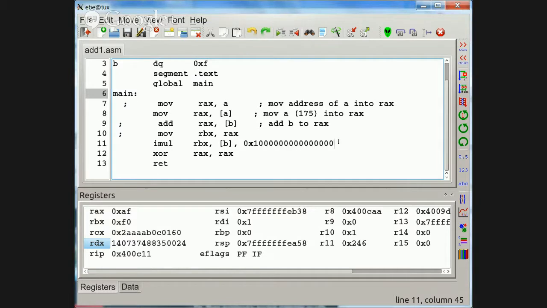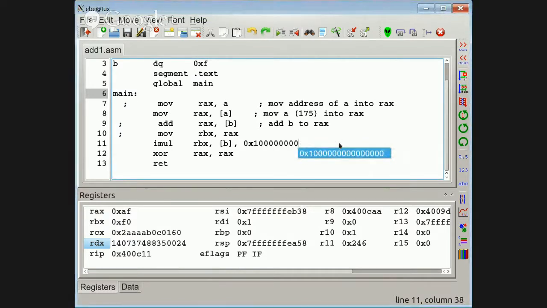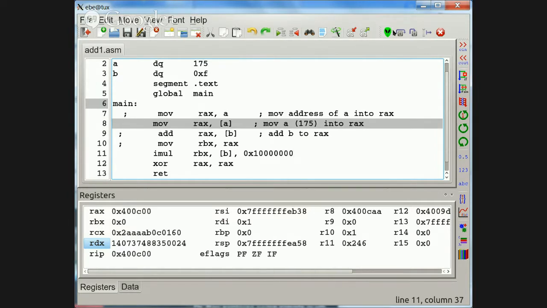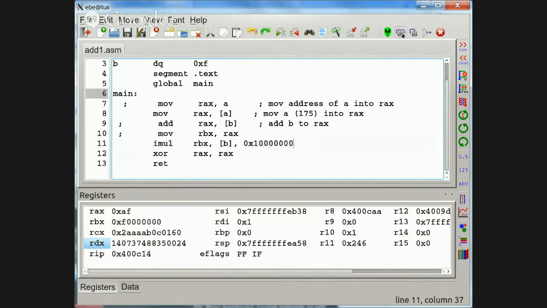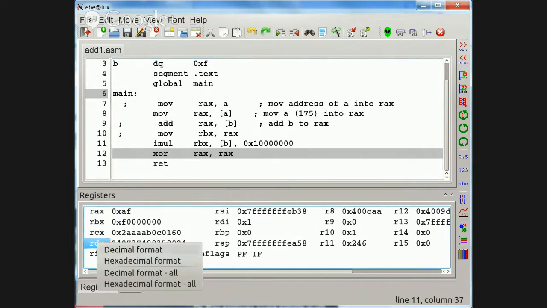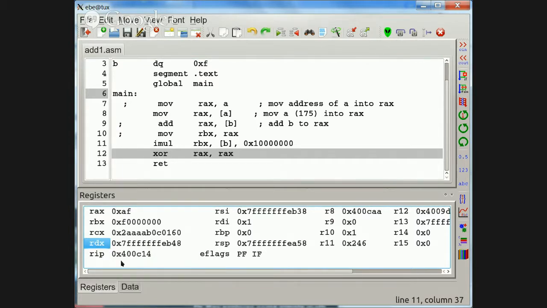Oh, 32 bits would be about, well, that's probably okay. That's one too many. Let's try multiplying it by that many. Doesn't look too reasonable as decimal. Change it to hexadecimal, still pretty ugly.